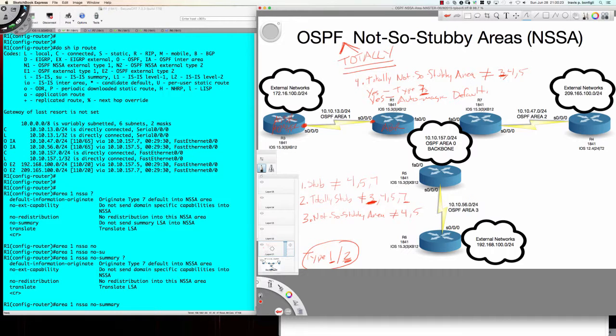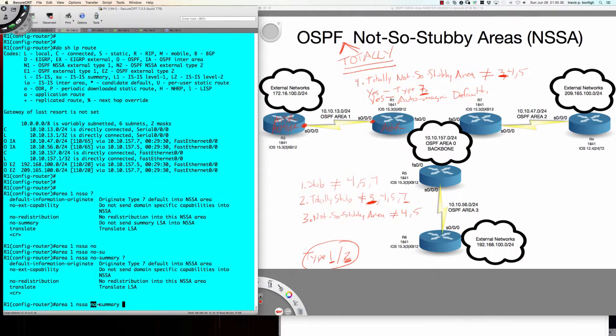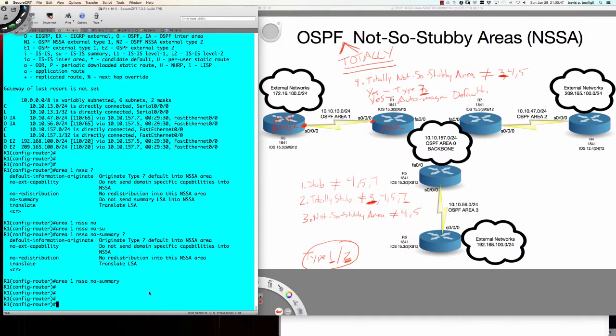And it's the same thing with the totally not so stubby area. Not so stubby area allowed the type 3. The totally not so stubby area said no type 3s, no summary LSAs will be allowed. So I'm going to say area 1 NSSA no-summary.